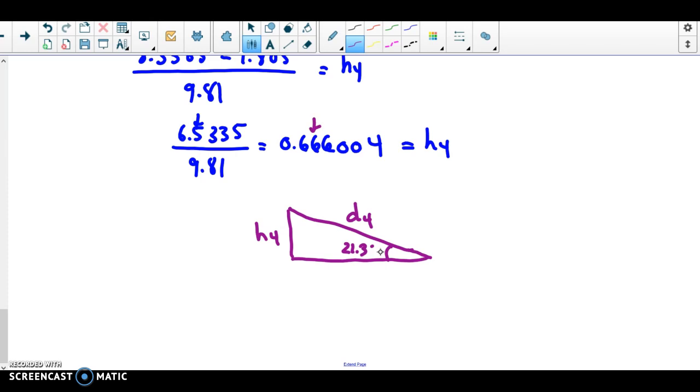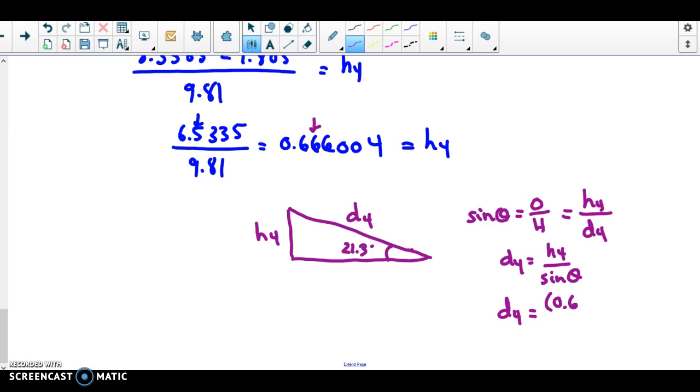Since I'm dealing with this angle, an opposite side, and the hypotenuse, I'm going to need to use the sine trig ratio. The opposite side was h4, the hypotenuse was d4. So when I'm solving for d4, that's equal to h4 divided by sine theta.